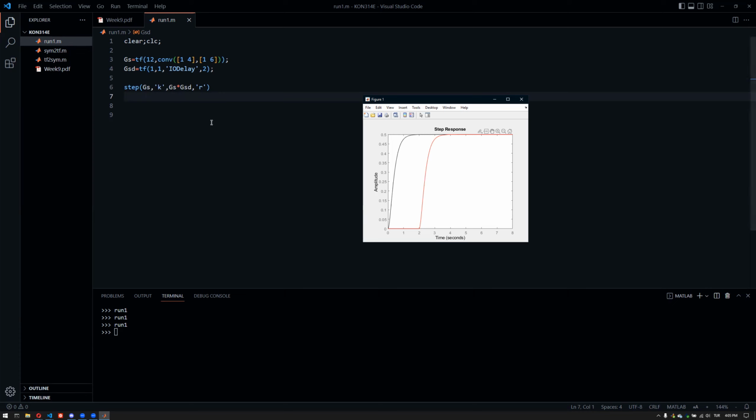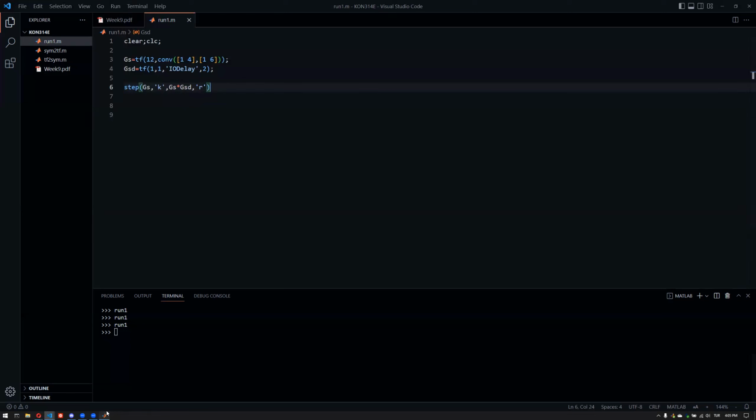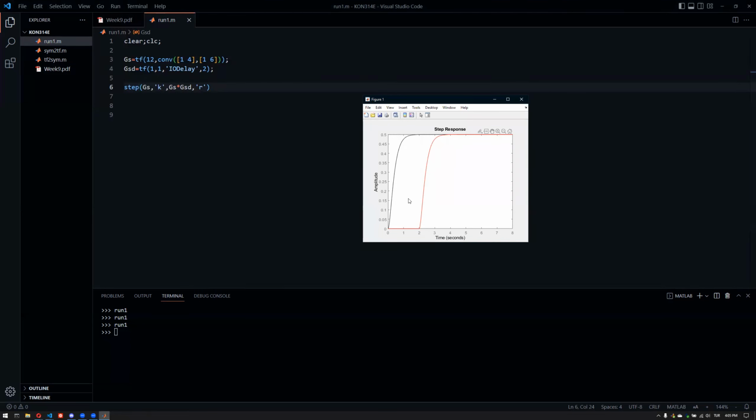So you might expect that if I put something like e to the power of minus 2s into the transfer function here, it might mess up the response. It does not, because it is the shifting property and it's just shifting. So we can have such transfer functions, but working with them in terms of control design and stability analysis is not that easy.